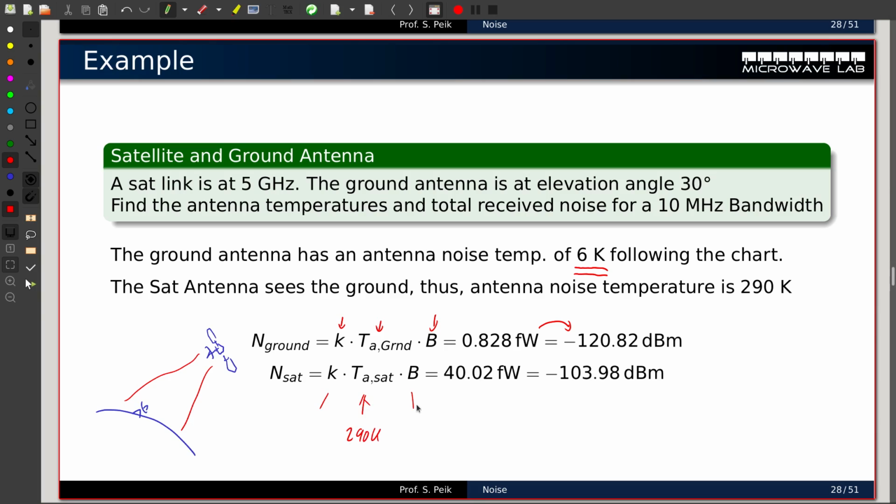And with k and B, when I calculate all of that, I get 40 femtowatts. So you see it is about a factor of 50 bigger, and that also reflects in the dBm value. Now you get a 17 dB difference in your dBms. Maybe try to do the calculation yourself as a little exercise.